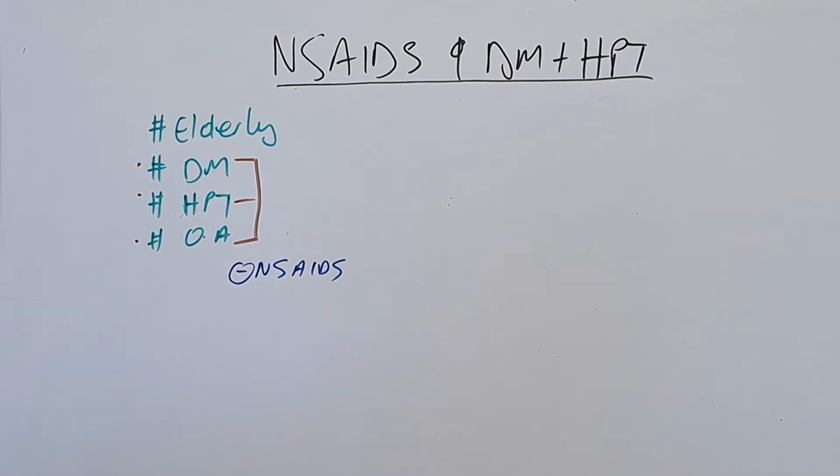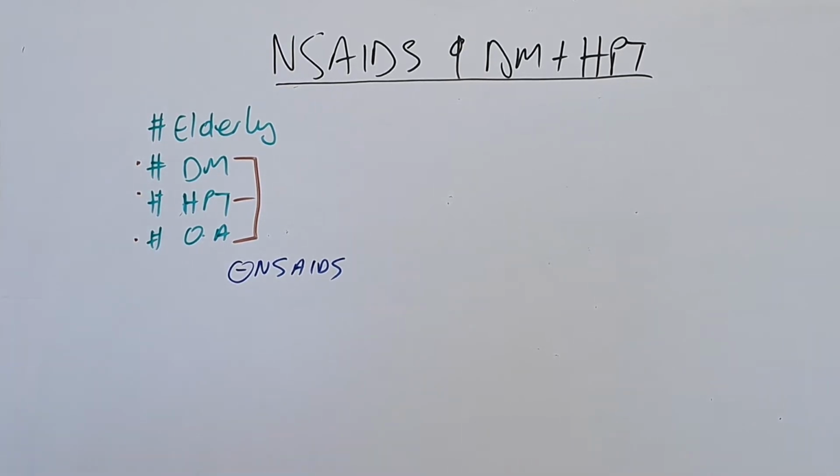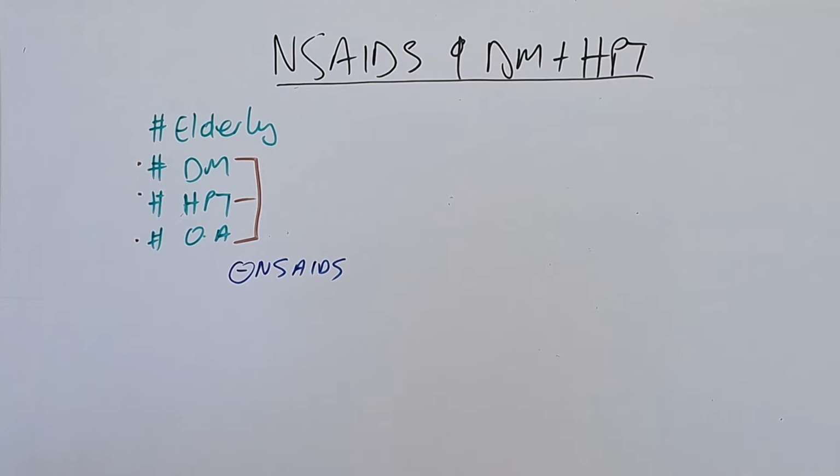It's very difficult. So with this kind of patients, you don't want to use NSAIDs, but you still want to manage them well. You still want them to be pain-free.